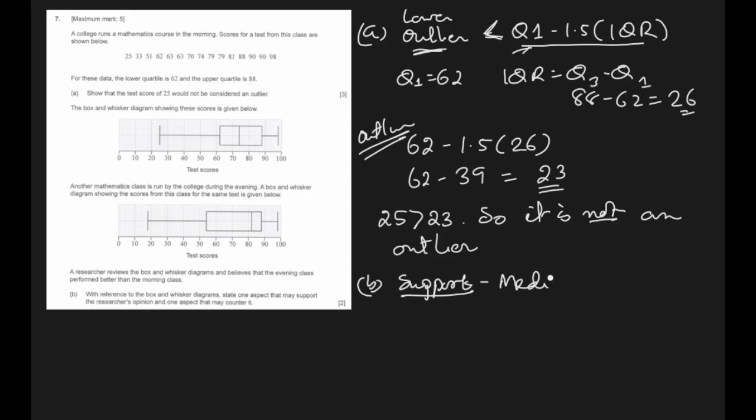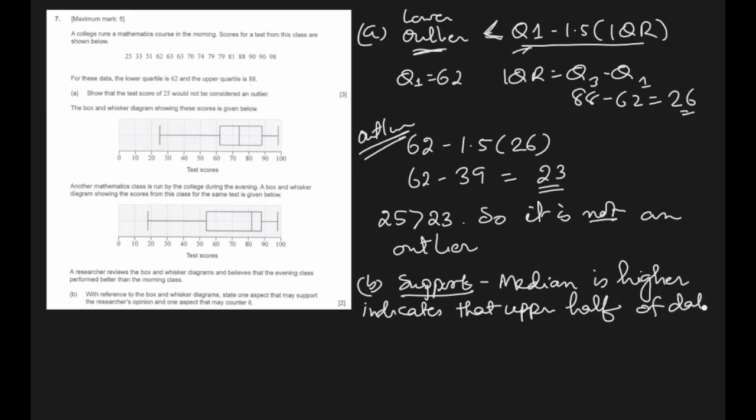So median is higher indicates more scores are above that, the upper half of data for evening classes is higher. So the researcher's belief is correct in this case.